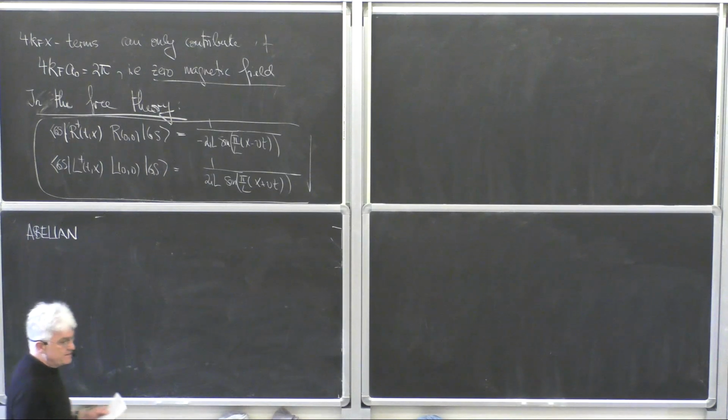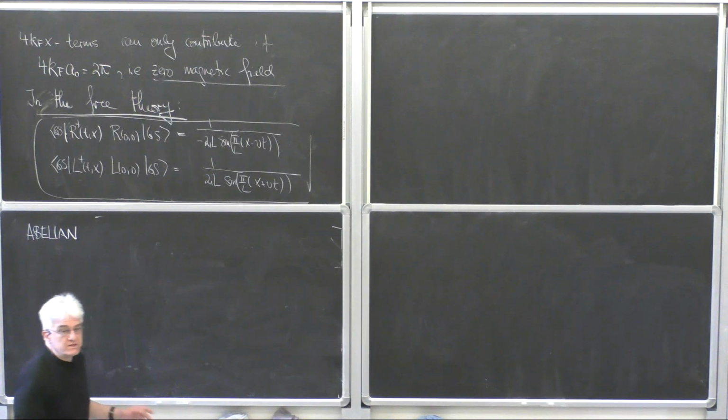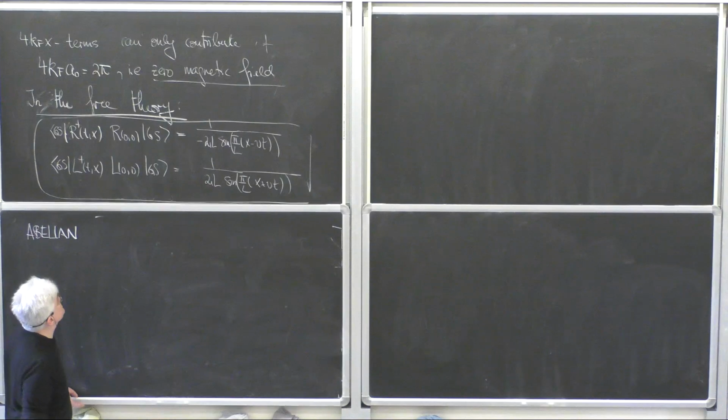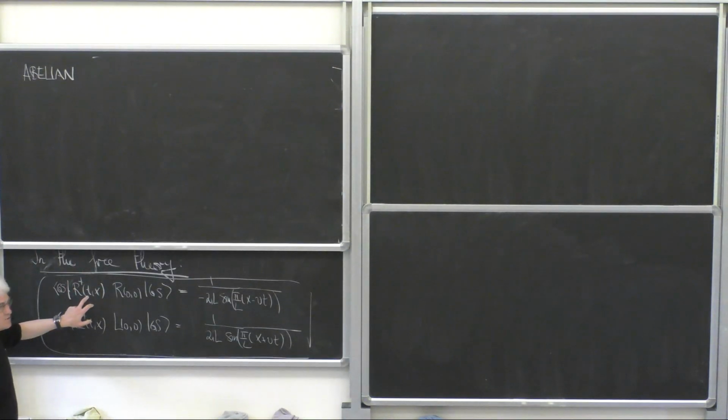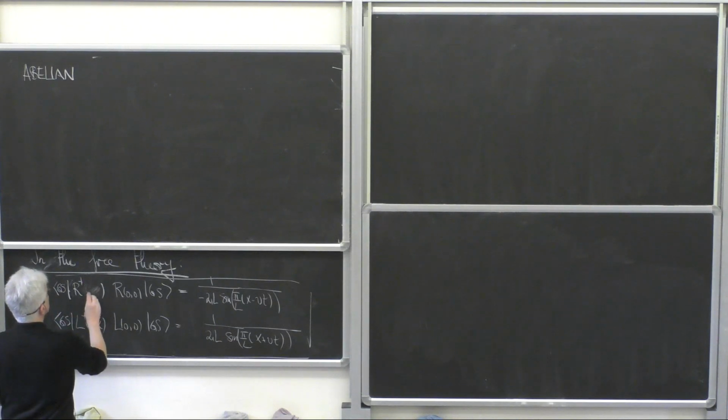If you don't like the t, remove it. I can consider a non-equal time correlation function, so this would just be a Heisenberg picture operator, e to the iHt, psi dagger of x, e to the minus iHt. If you don't want this, it's fine.